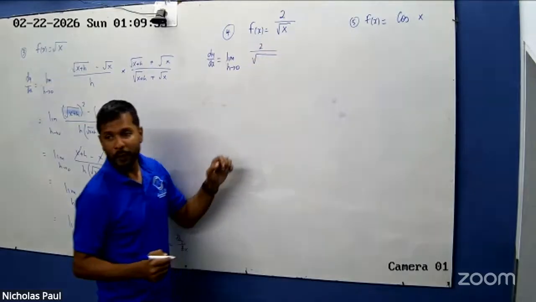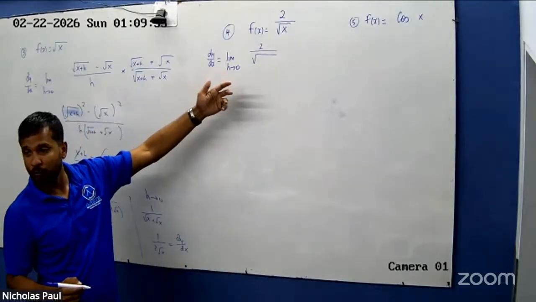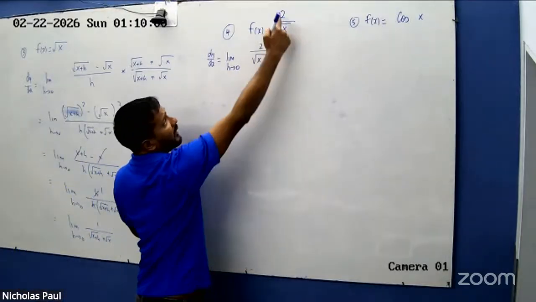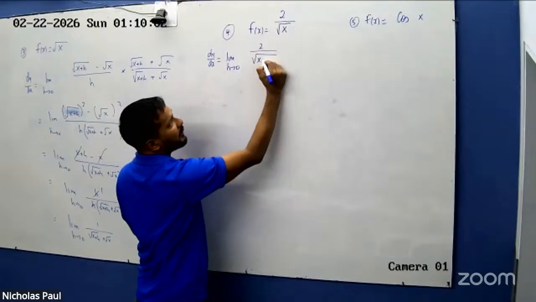What we're doing here can work for something like a quotient rule, if I give you a quotient and you have to apply limits.